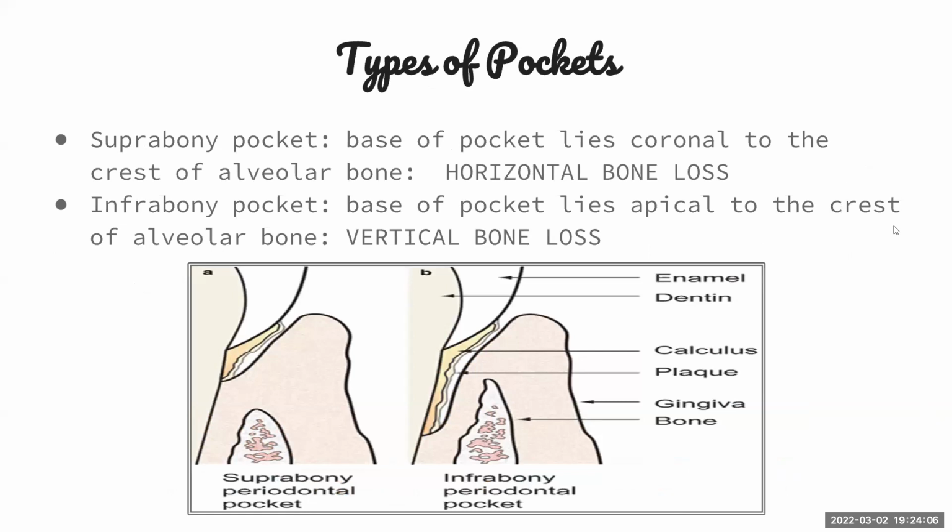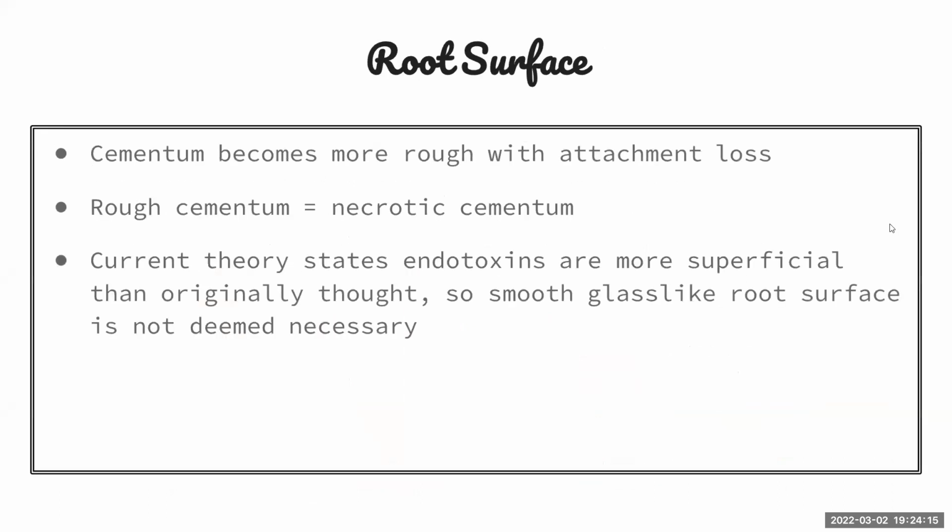Two types of pockets, your suprabony, which is horizontal bone loss, and infrabony, which is vertical bone loss. Your root surface is rough with the attachment loss and the loss of the PDLs being impregnated in them. The cementum may even have necrotic cementum. So the current theory states that endotoxins are more superficial than originally thought.